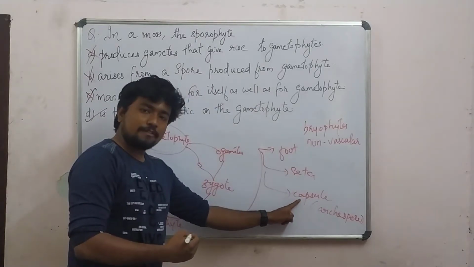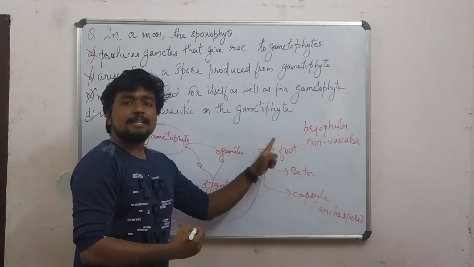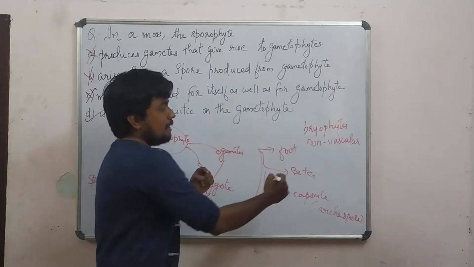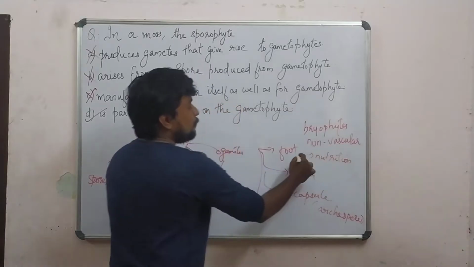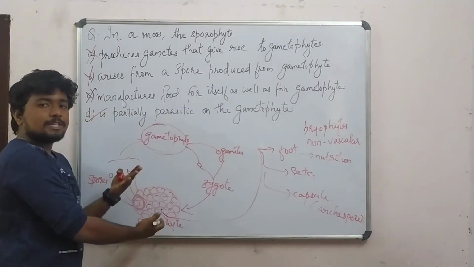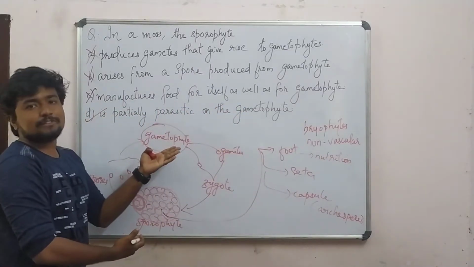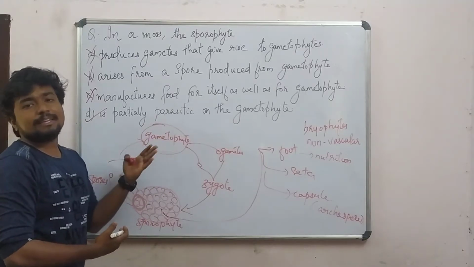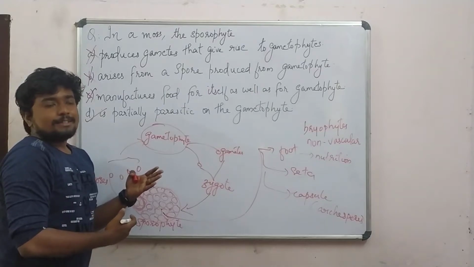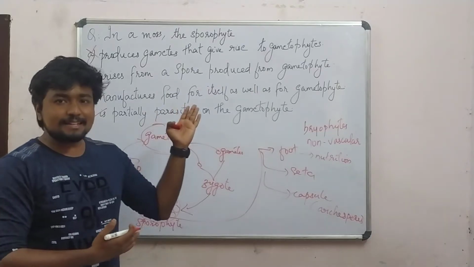Seta is the stalk of the capsule, and the foot serves the function of nutrition. So the foot helps the sporophyte to derive nutrition from the gametophyte, and hence the sporophyte is said to be partially parasitic on the gametophyte. So this question is solved. Hope this answered your question.